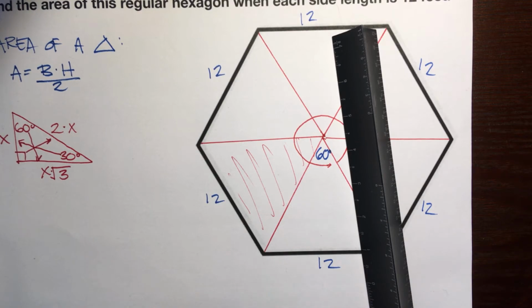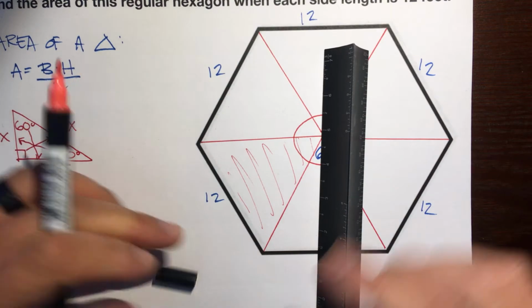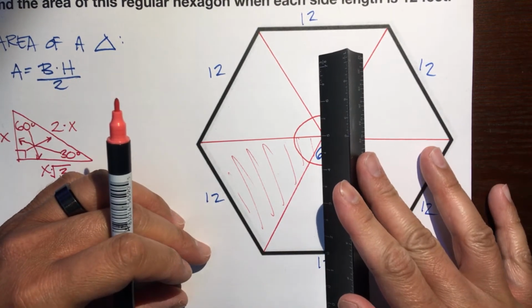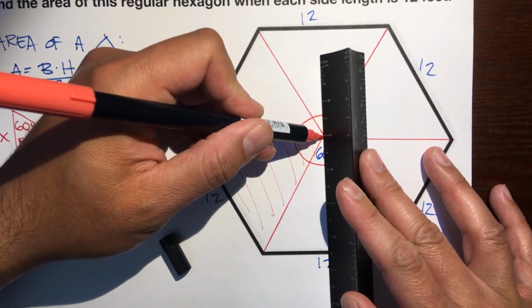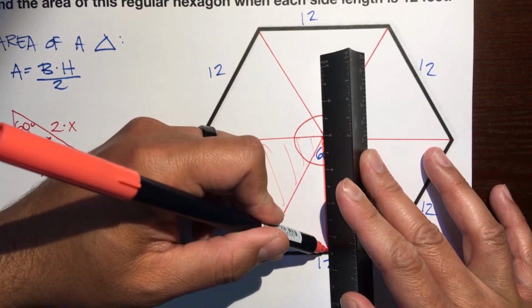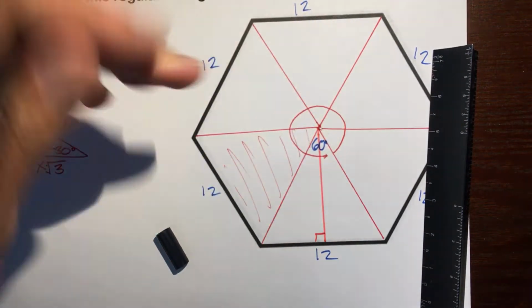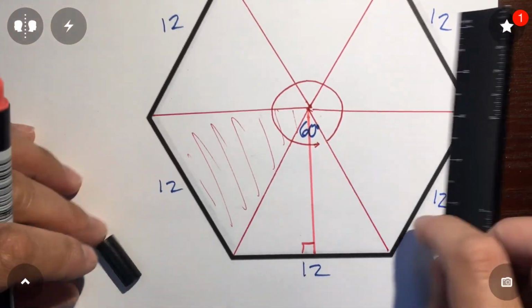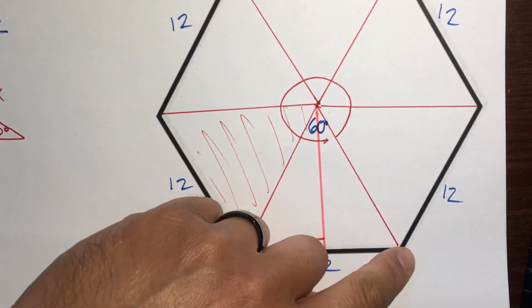Okay, so I'm going to take my ruler and I'm going to draw a line that is perpendicular to this right here. And so now we have our base right here.